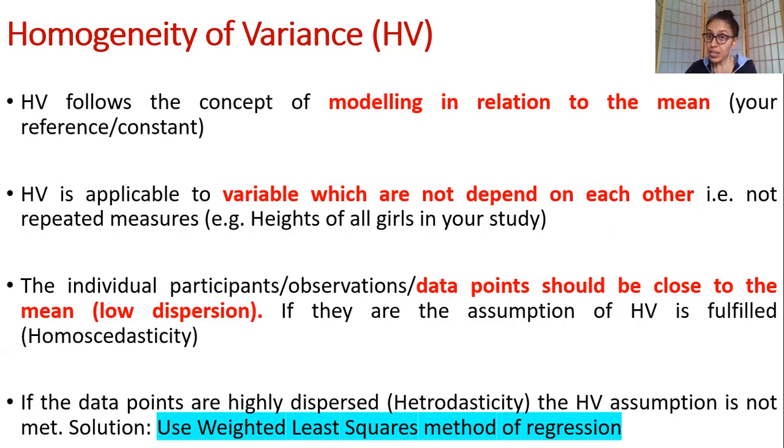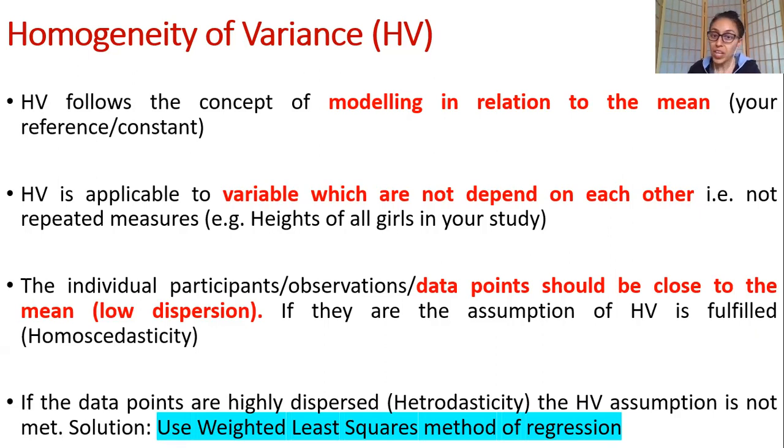Okay. And if the dots are close to the line of regression, meaning you have fulfilled the homogeneity of variance assumption, and therefore you can conduct regression. All right. And if the points are really highly dispersed, the first thing you do is check for outliers, check for influential data points.